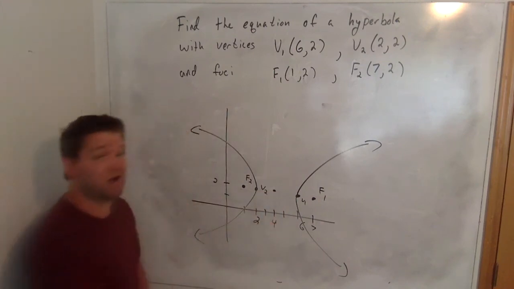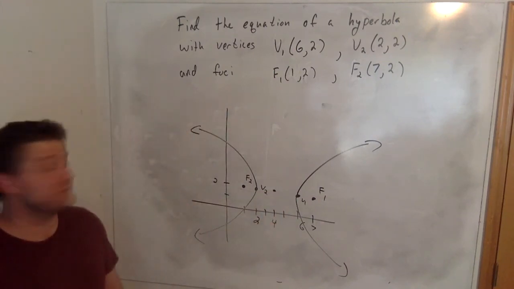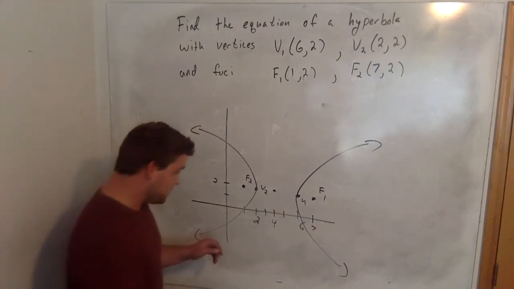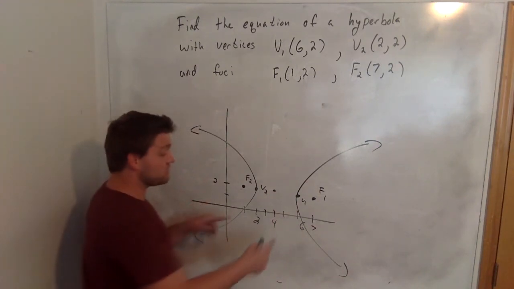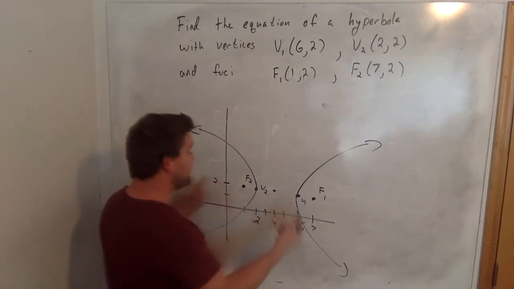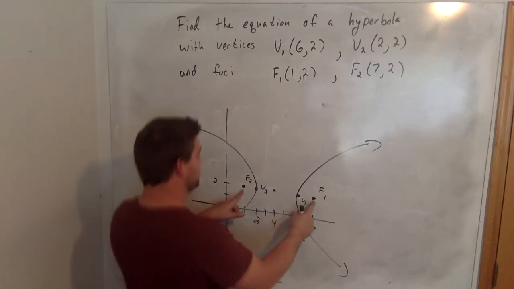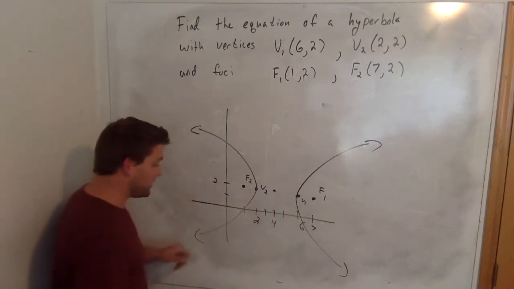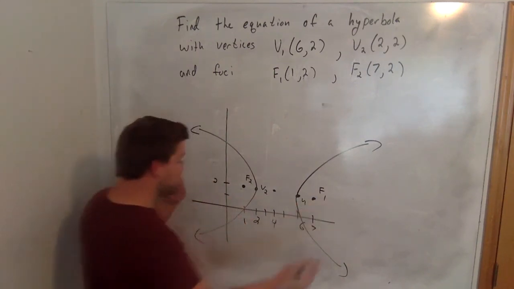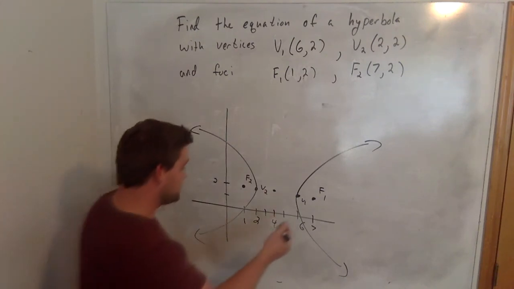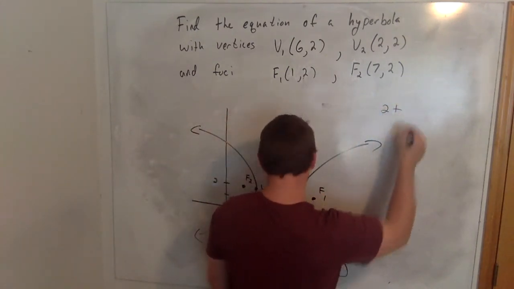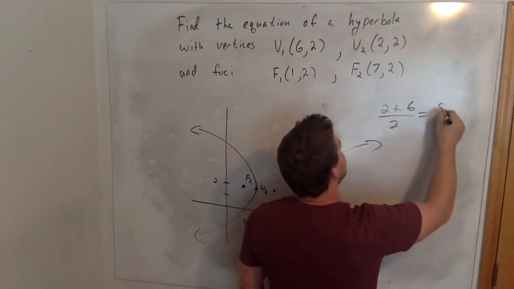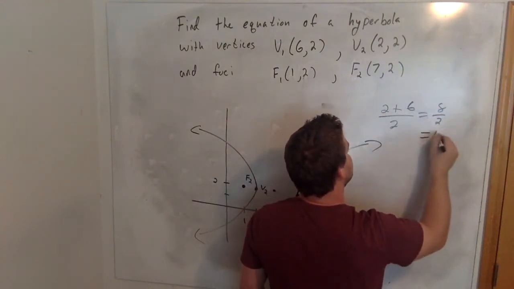But let's say you didn't draw the graph. We could figure out where the center is by finding averages. We know that the center is halfway between the vertices, or halfway between the two foci. So we could either average 2 and 6, or average 1 and 7. Either way, we should get 4. 2 plus 6 is 8 over 2, which gives us 4.